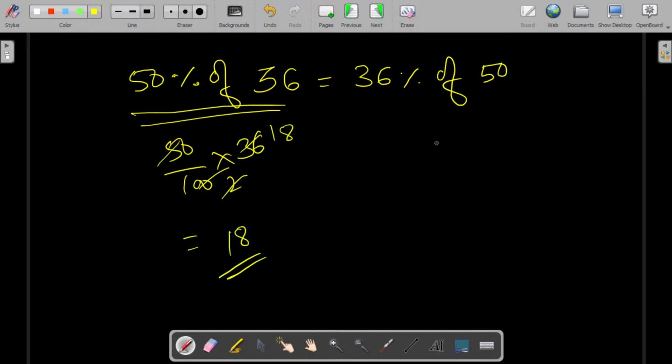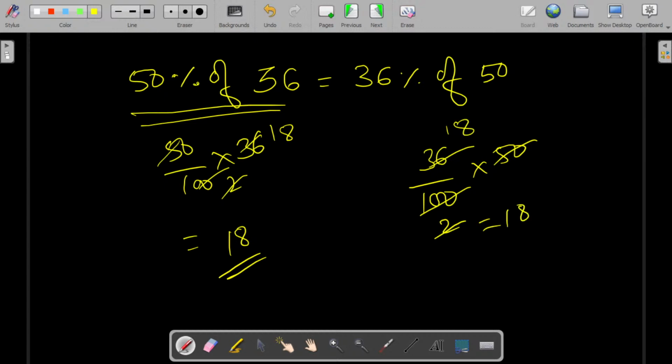What about 36 percentage of 50? That is also 18. So with this formula you may get some MCQ questions in your campus placement. One of the questions occurred this time in TCS: x percentage of y equal to y percentage of x.